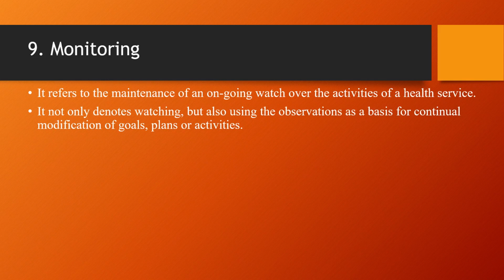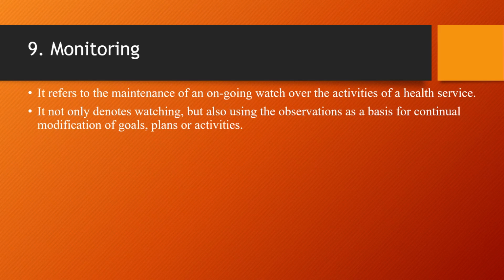So the data which is typically collected for monitoring includes input data, process data and output data. What is input data? Input data is the financial reports, the personnel or the vacancies that exist, transportation records, and the equipment and supplies purchased. And what is process data? They are the activities that are being done and carried out on a timely basis.